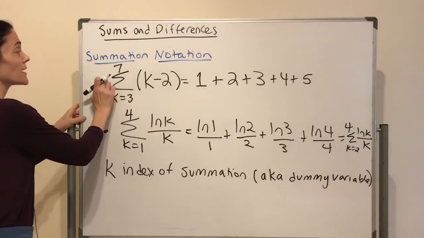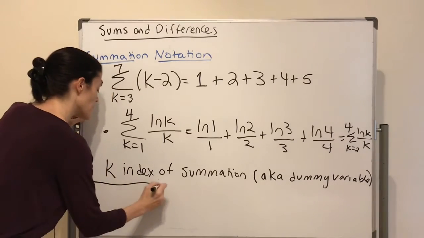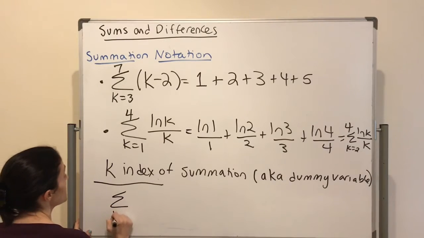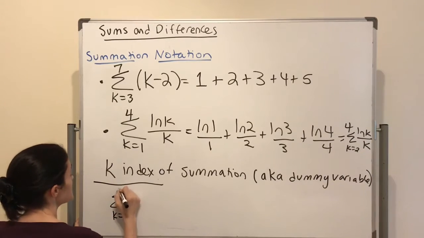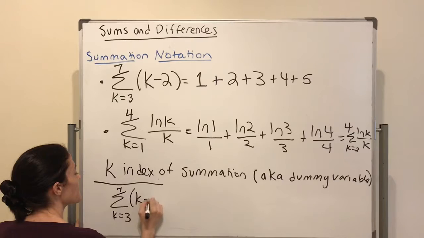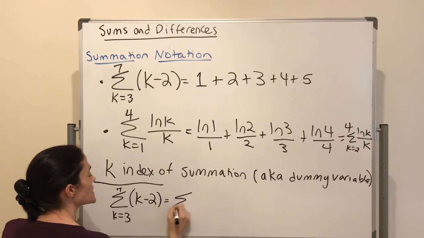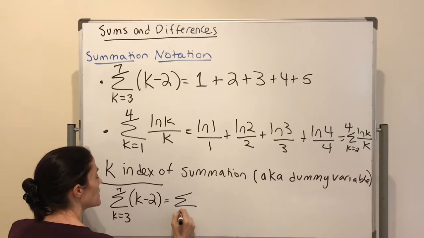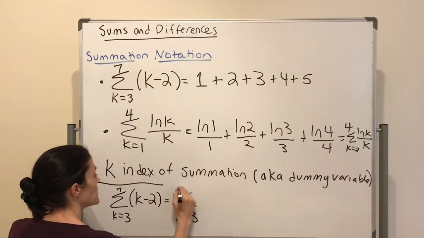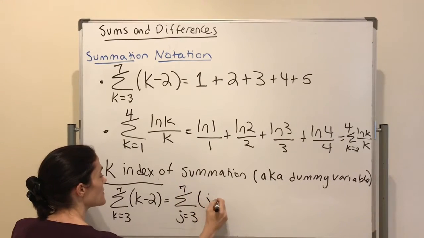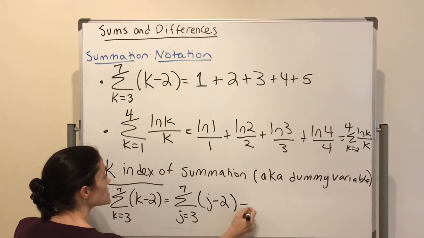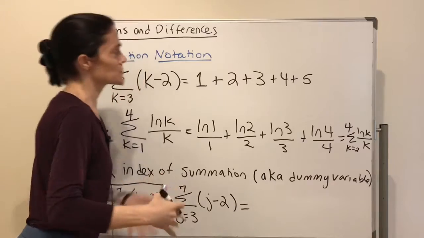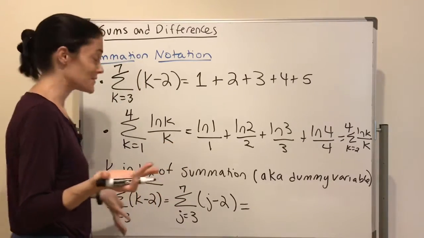And you don't have to use K. For example, if I go back to this very first sum, the sum k equals 3 to 7 of k minus 2, we could write this as a sum. Let's say j goes from 3 to 7 of j minus 2. But also, if we just look at the terms, we're adding up the numbers 1 to 5.